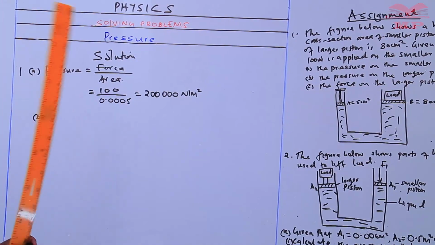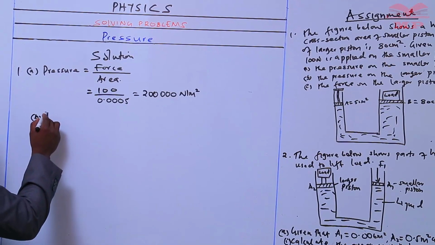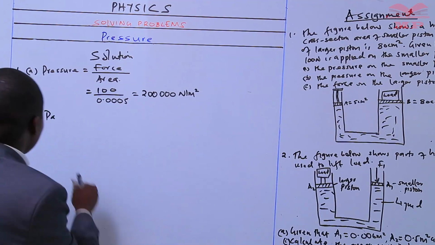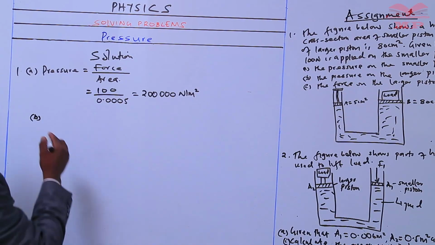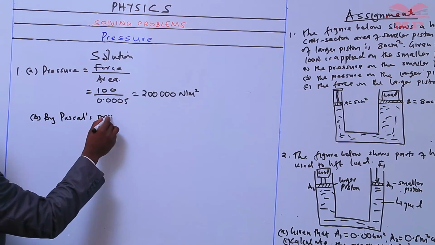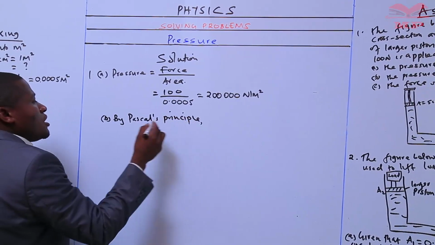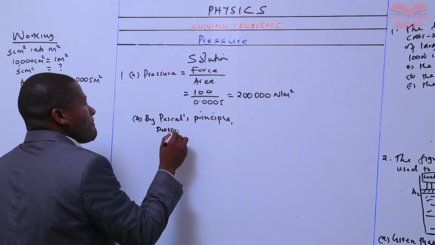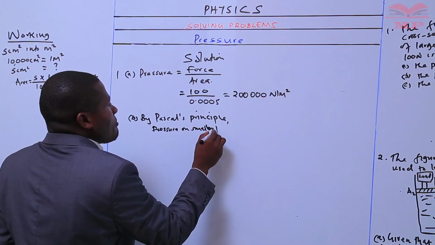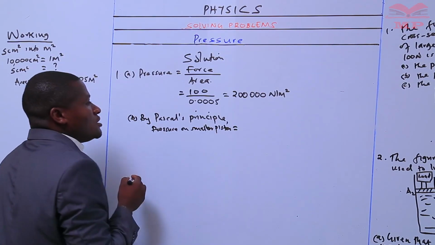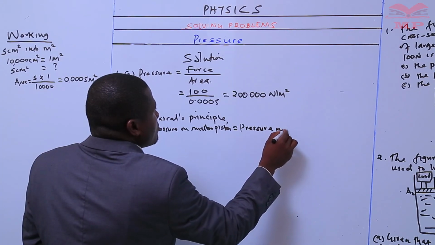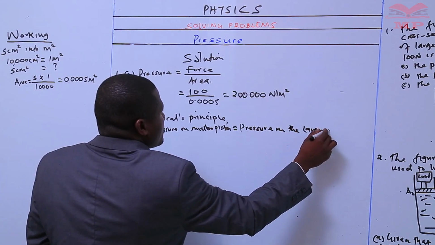From our previous question, we said that by Pascal's principle, pressure on the smaller piston is equal to pressure on the larger piston.